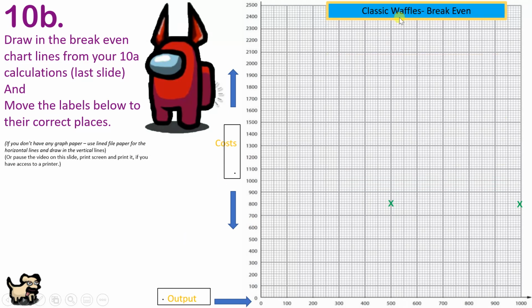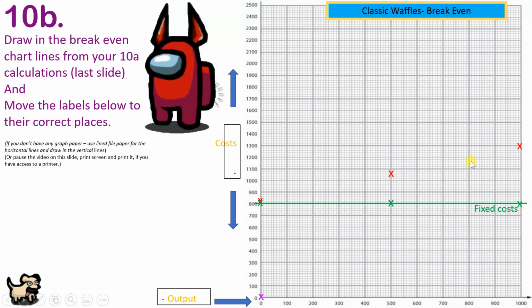The first 3 labels are given to you, so here's the title, the x-axis output and the y-axis cost for you. Here's the fixed cost mapped for you, and the red total costs and purple revenue as your starter figures mapped on the chart for you. Here are the fixed costs mapped onto the chart at £800, giving you a fixed cost line looking like this.